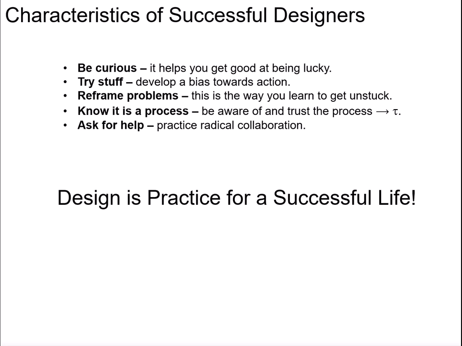Practice radical collaboration. There's no way in any design project you personally know enough to get to the end, so seek out those who know more than you do. And these five characteristics of successful designers are also characteristics of people who are successful in life. So design becomes practice for a successful life.